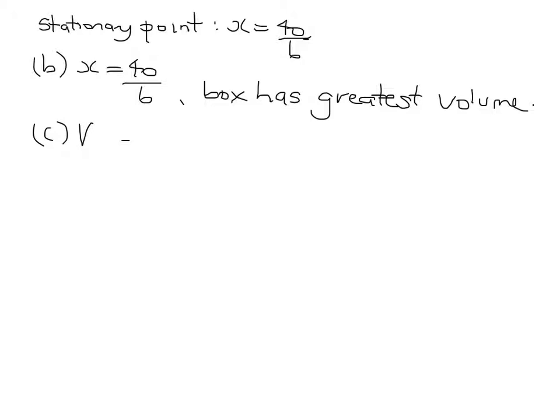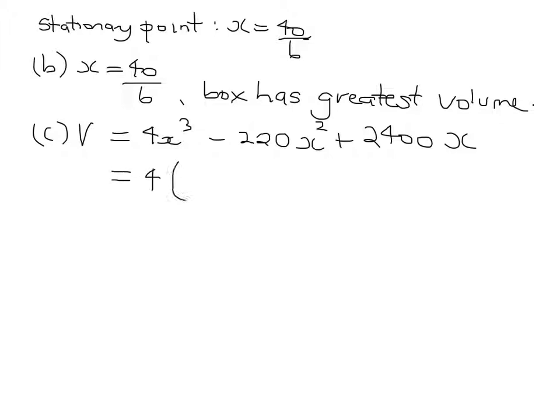So we've already got the volume equation that we proved in part A. Minus 220x squared, wasn't it? Plus 2400x. And we've found our x, so what we need to do is sub in 40 on 6 into the equation to get that maximum volume.